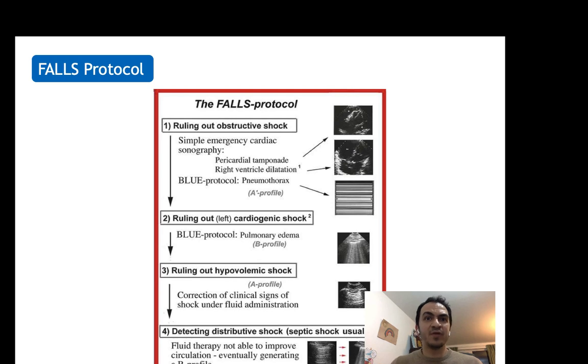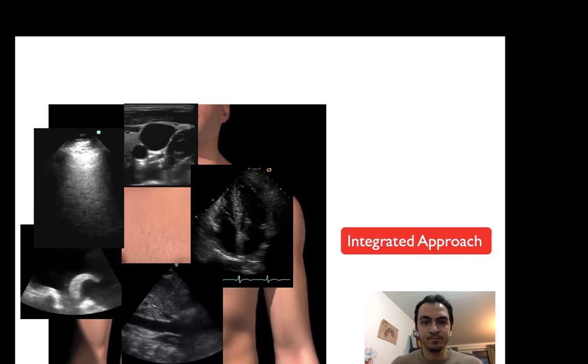So for example, when I initially scan my patient's lungs and I see A lines, A profile, and I start to give fluids in a patient with hypovolemia or sepsis, then I start to see the presence of new B lines, that could be an indication for me to stop giving the fluids. And this can happen early on, before the patient starts to show clinical signs of pulmonary congestion.